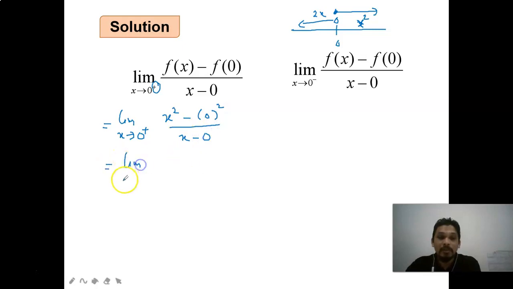So the limit of x approaching 0 from the right of x squared divided by x minus 0, x squared divided by x, so there's only one x left here.